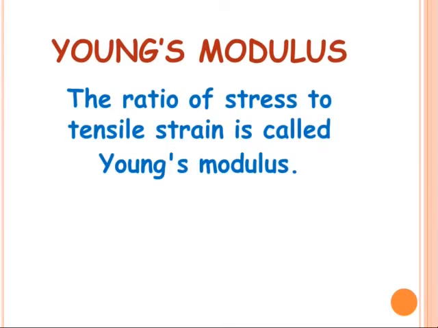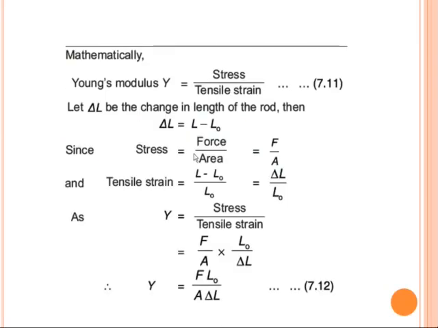So the Young modulus is the ratio of stress to tensile strain. Mathematically, Young modulus is represented by Y, which is equal to stress divided by tensile strain. Now delta L is the change in length of the rod.